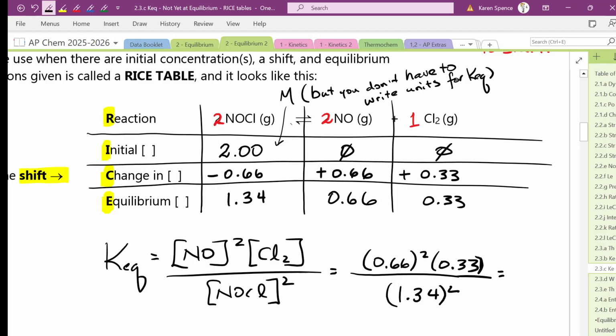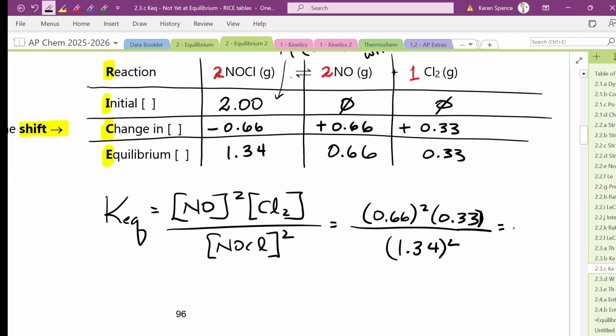And we get 0.080, 2 sig figs. Straightforward enough?